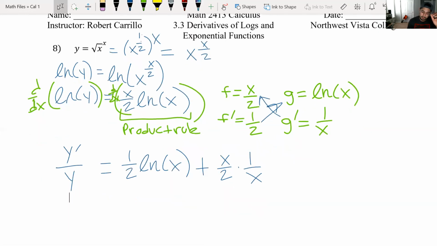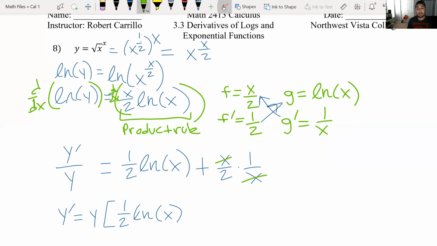Okay, so now clean this up, take the y on the bottom, multiply to the right side, so we get y prime equals y times 1/2 natural log x. If you noticed, these x's cancel, so you would have plus 1/2.